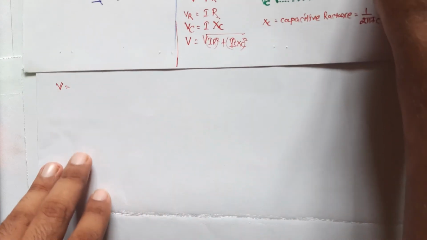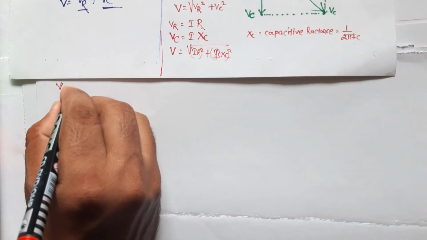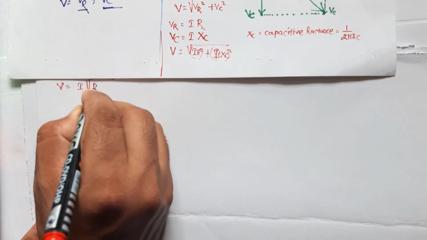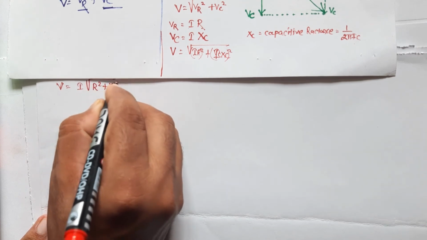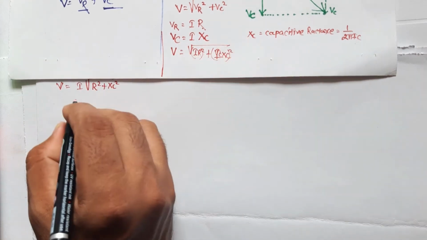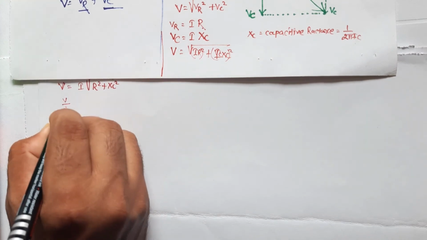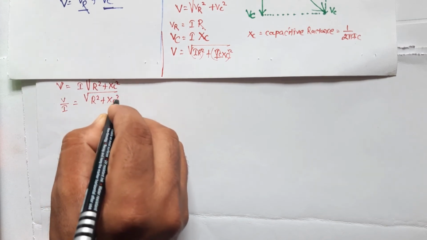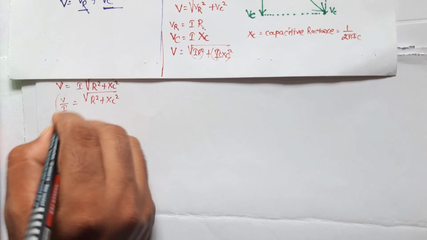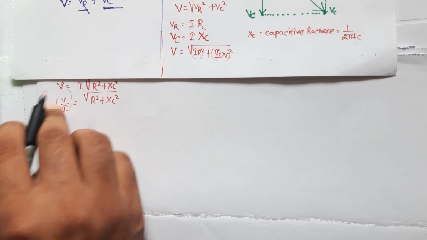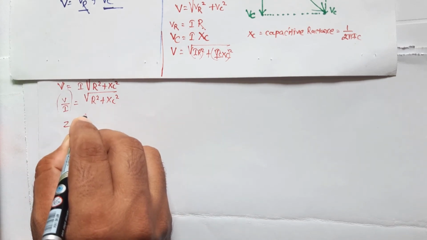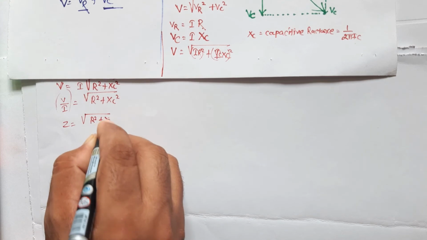You can see this in the notes. V equals I times the square root of R squared plus XC squared. Then V by I equals the square root of R squared plus XC squared. We know V by I is the opposition, the resistance; in the case of an AC network we call it impedance, so Z equals the square root of R squared plus XC squared.